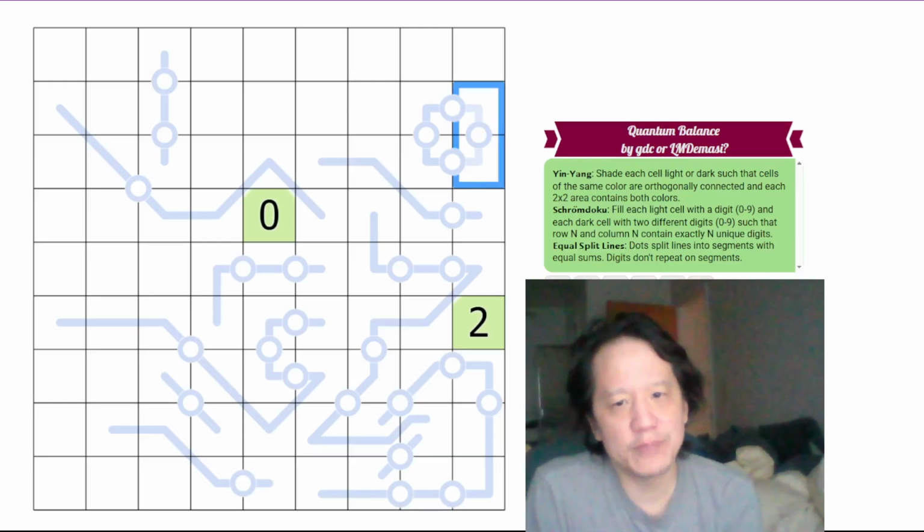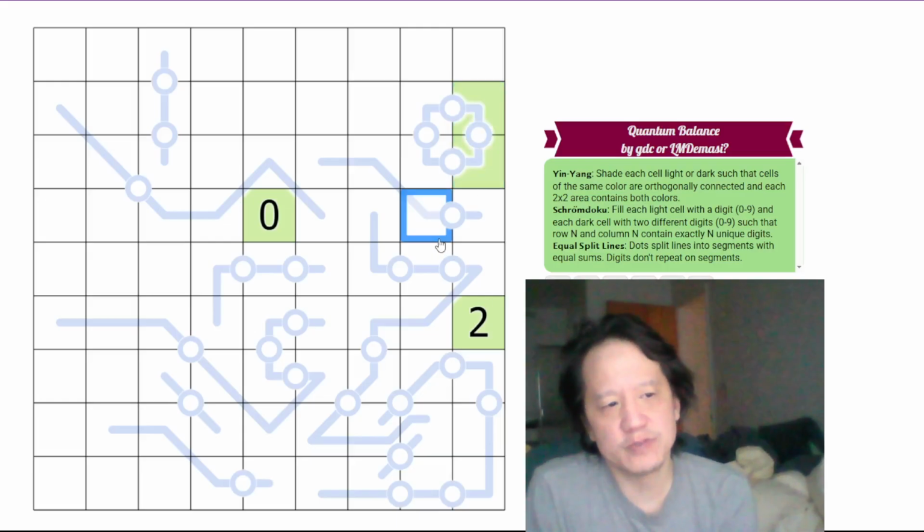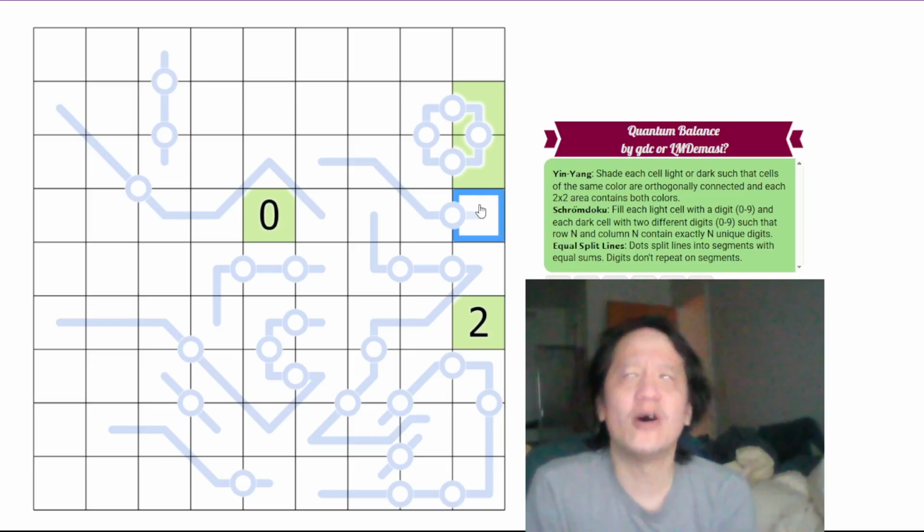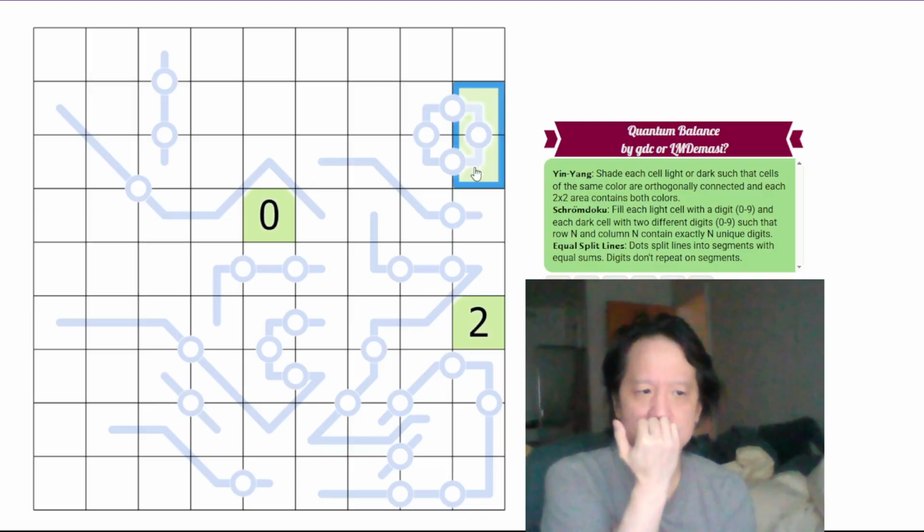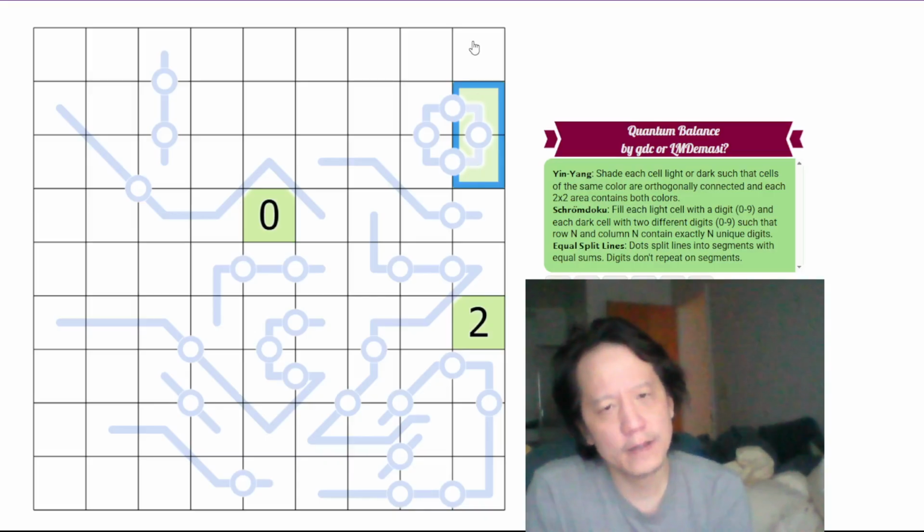Okay, so what happens if they're both green? If they're the same digit? We are guaranteed a blue somewhere. I mean, it could just be here, right? So, well, how many blues would we be guaranteed? This is the same digit. We're guaranteed at least 2 blue digits, if that's the case, right?